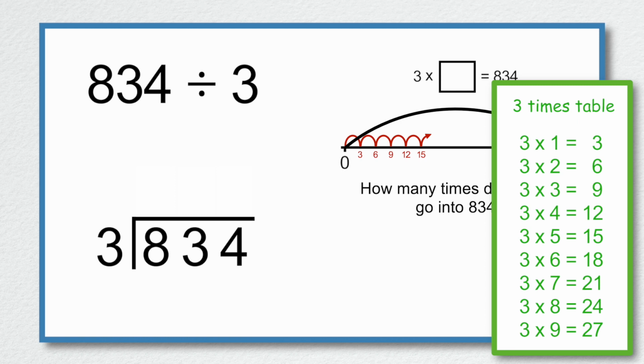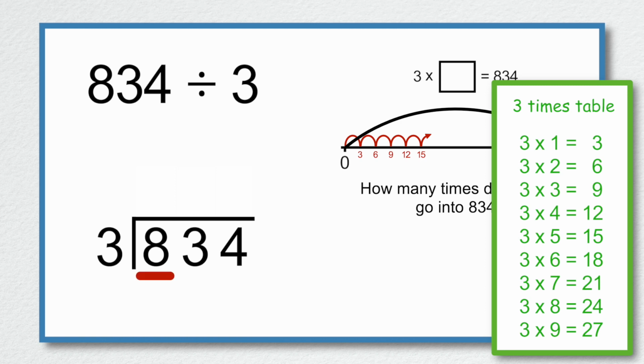Now, unlike the traditional multiplication approach where you start with the units and work your way up, that is, you're going from right to left, this time with division we go from left to right, hence the layout with the 3 to the left of 834. And again, with both the short and the long approach to division, we work along digit by digit.